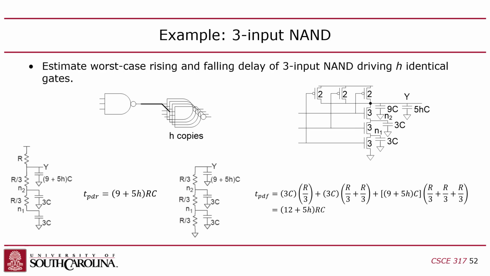Okay, so if we want to estimate the worst case rising and falling delay of a 3-input NAND driving H identical gates. Okay, so we're going to go to the NAND. Okay, so the NAND is the same NAND we looked at before. So 2 units for the pull-up transistors, 3 units for the pull-down width, right?